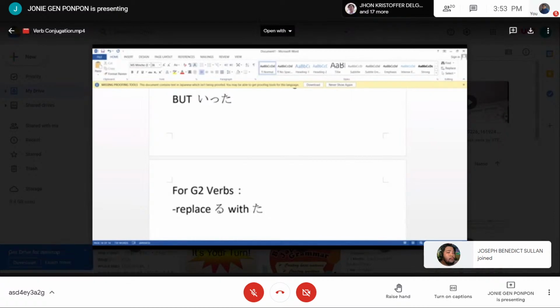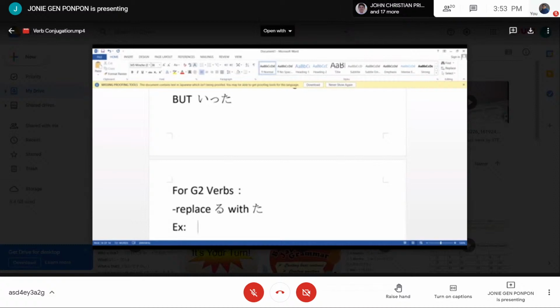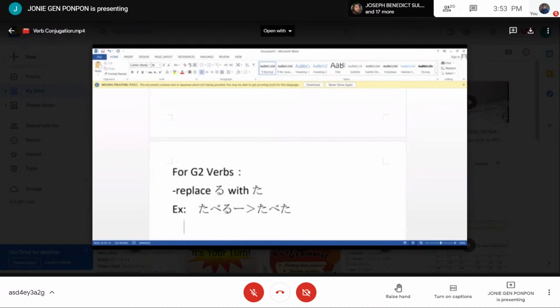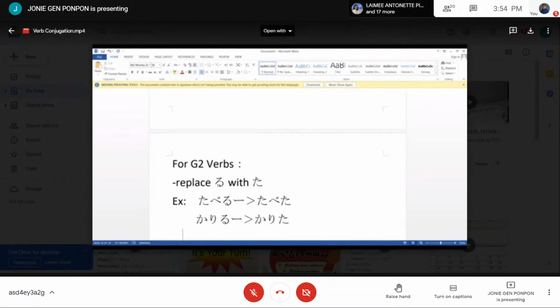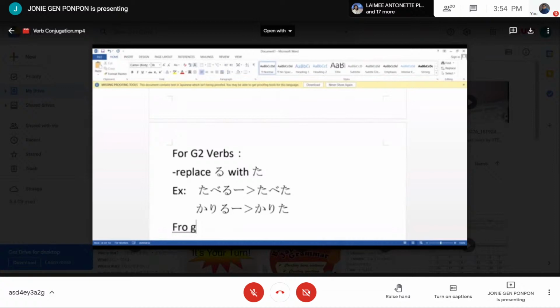Example is taberu. Taberu will become tabeta. Kariru will become karita. Okay, so just replace ru with ta, and now you can have the ta form for group 2 verbs.